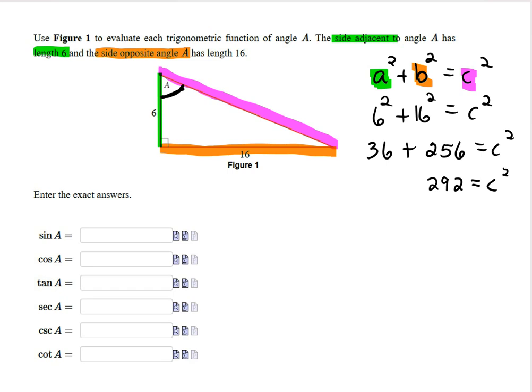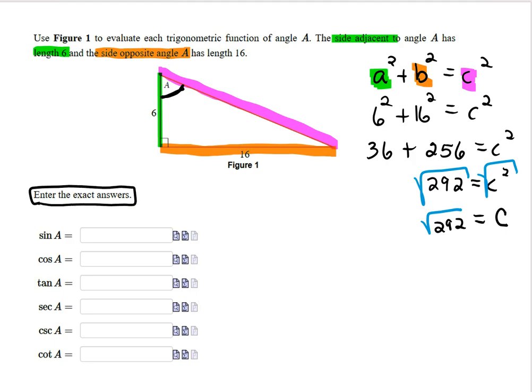At this point, when you take the square root of both sides, the square root cancels out the square and leaves you with c, but 292 is not a perfect square. And it does say right here, find exact answers, which means leave it in radical form.